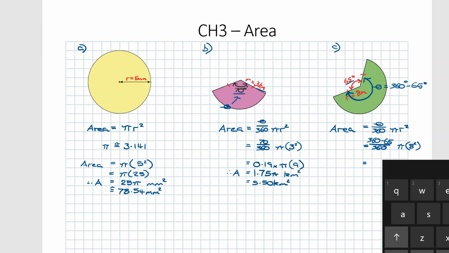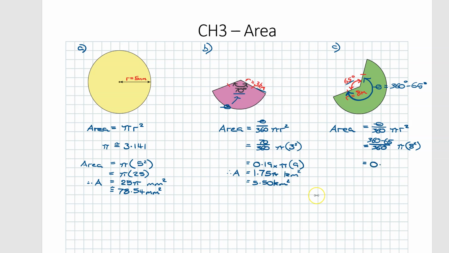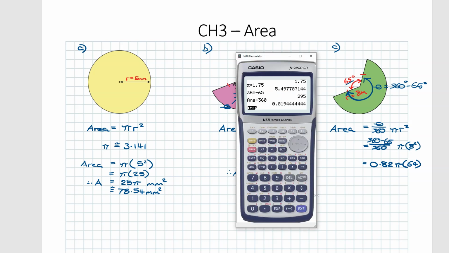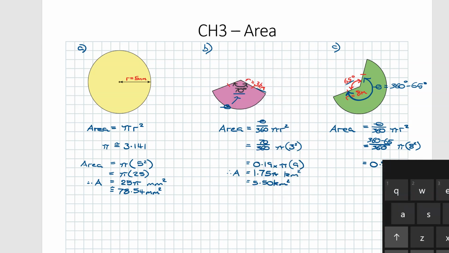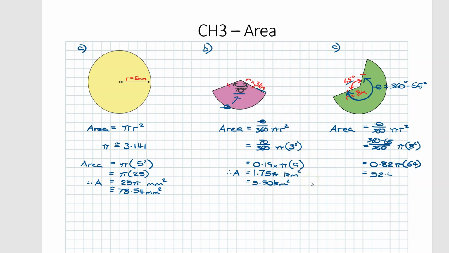So 0.82 pi times 64. Simplifying that out, it's going to be 52.44 pi, and then the units are meters squared.